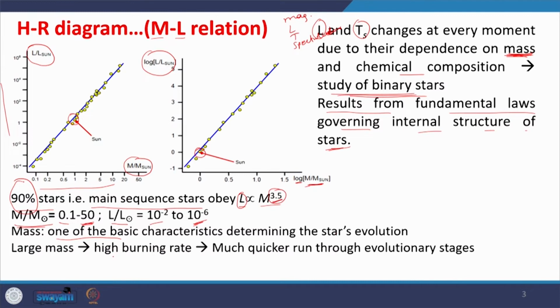Large mass means you can easily expect the burning rate is very high. So, when the mass of a star is high, there is more material for undergoing burning. And what is this burning? Basically, it is the reaction between the nuclides, and this is caused by thermal pressure, as I said. So, more mass, more burning, and the quicker the mass of the star undergoes destruction.